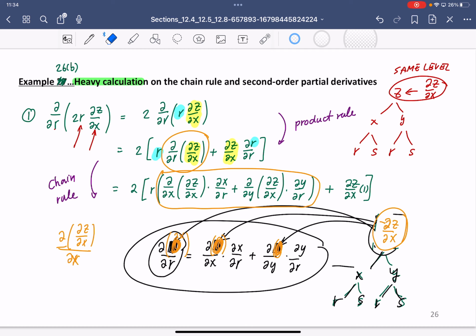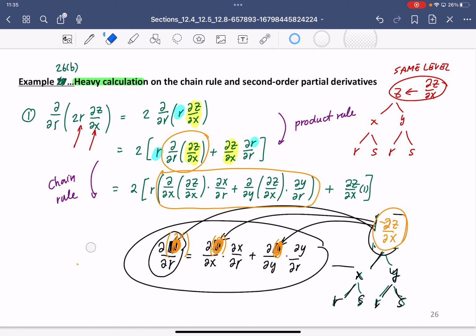This is usually the hardest question for the derivatives test, the total question about differentiation in two dimensions, because it needs you to integrate a lot of techniques like product rule, chain rule in one question, and higher order derivatives as well.